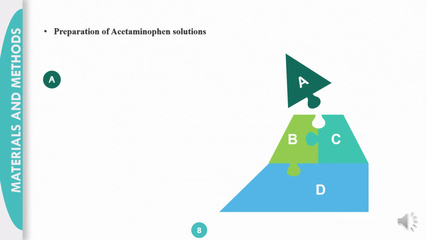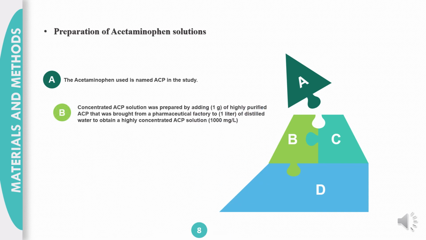Preparation of acetaminophen solution. A. The acetaminophen used is named ACP in this study. B. Concentrated acetaminophen solution was prepared by adding 1 gram of highly purified acetaminophen, which was bought from a pharmaceutical factory, to 1 liter of distilled water to obtain a highly concentrated acetaminophen solution of 1000 mg per liter.